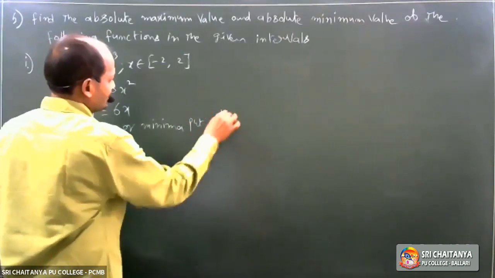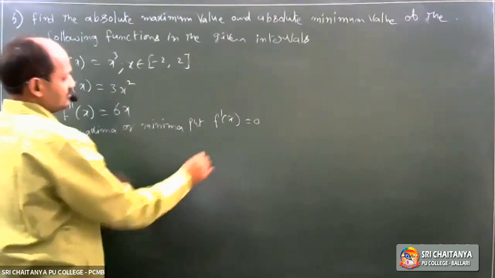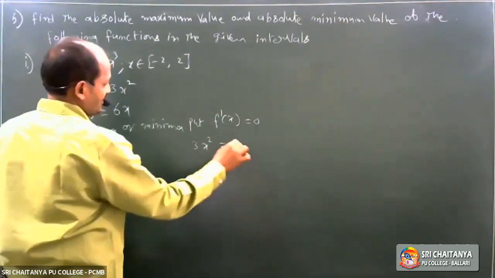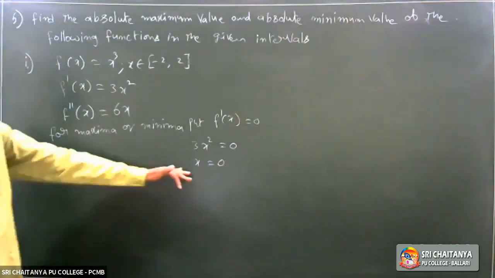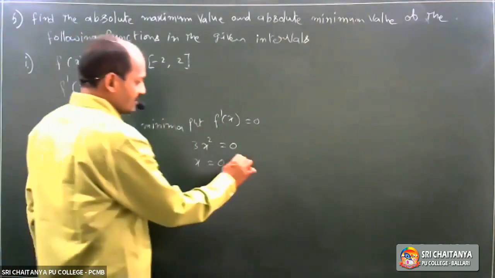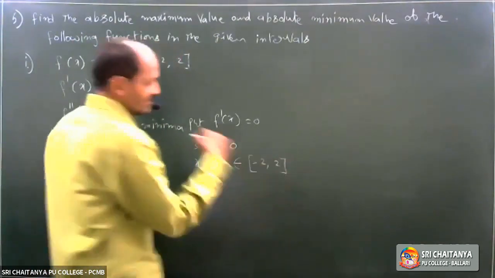First derivative is 3x square. Clearly x equal to 0. That x value is in between the given interval, -2 to +2.